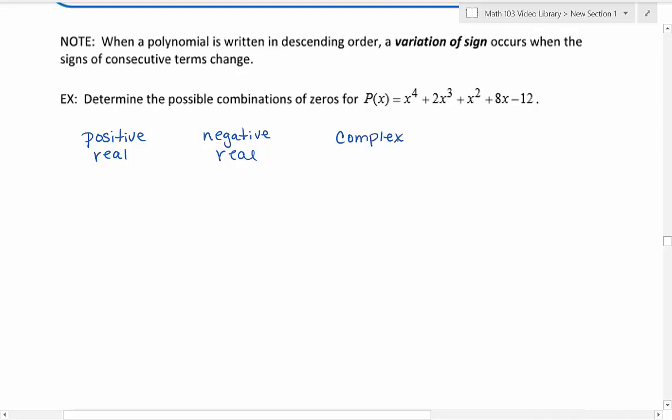Those are our choices. We're either going to have real answers or complex answers, but then we can be more specific about the reals and break it up into positives and negatives. And we're going to be making a chart.